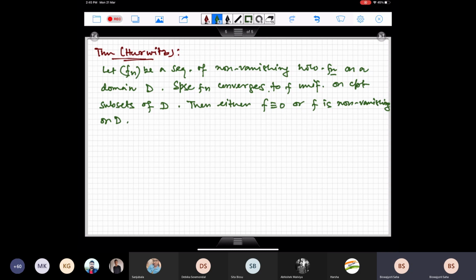This is a sequence of non-vanishing holomorphic functions, and it converges uniformly on compact subsets, but the limit function is identically 0, so the limit function is not non-vanishing. Therefore we cannot rule out this option. So if F is identically 0, we have nothing to do.